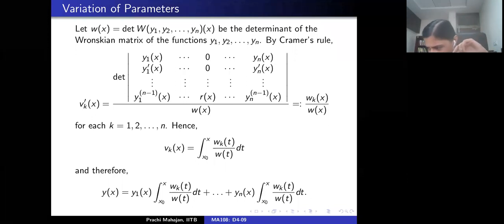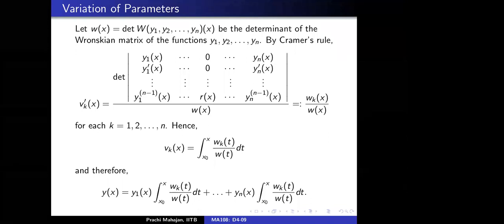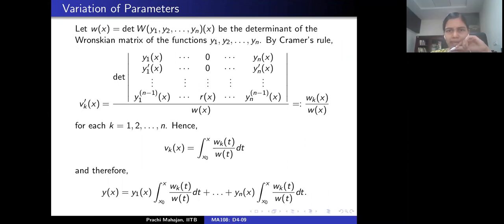Wk is the determinant obtained from the Wronskian matrix by replacing the kth column by the column 0, 0, ..., Rx. Is that okay?